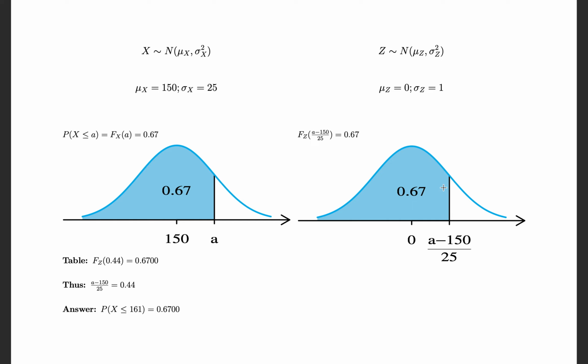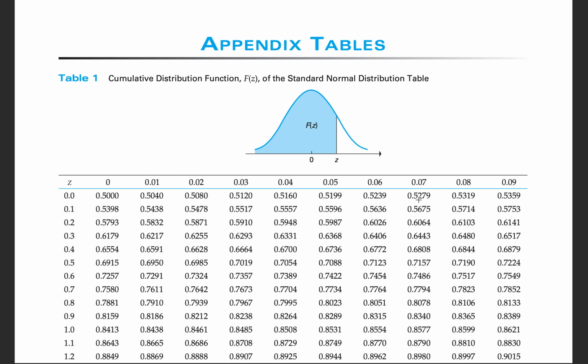Now what value do we find in the table? We want 67% of the area under the graph. So let's look in the table. The area under the graph are these values here in the table. So let's find 67%.